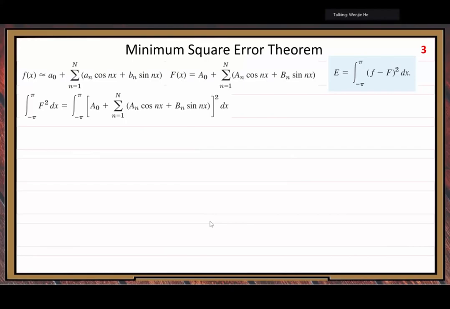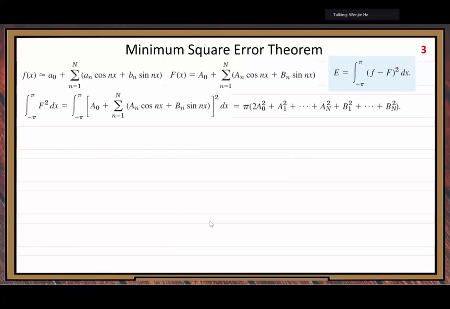The first one, like that. Then all the cross terms are gone. So the only ones remaining are the sine function and cosine function integrated with itself, which are non-zero, right?